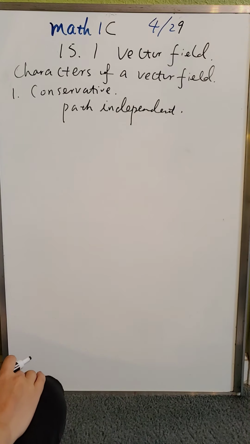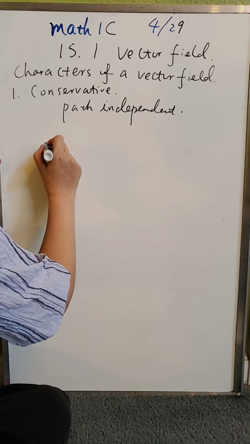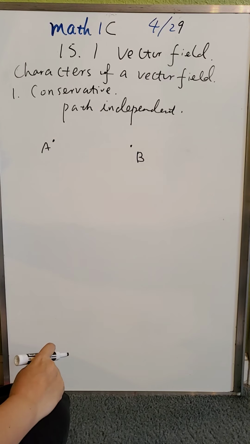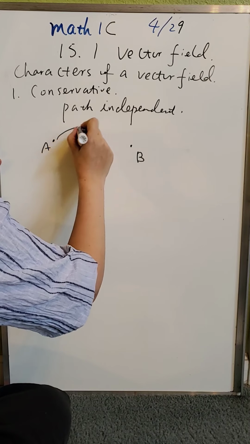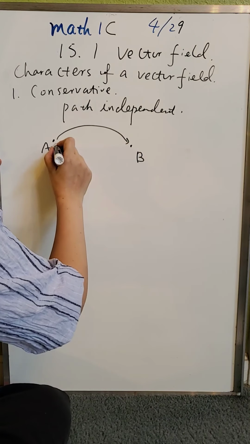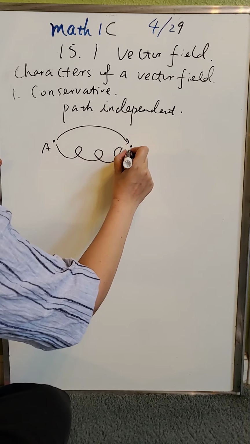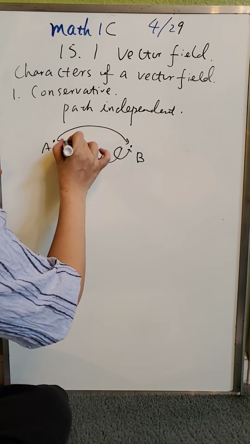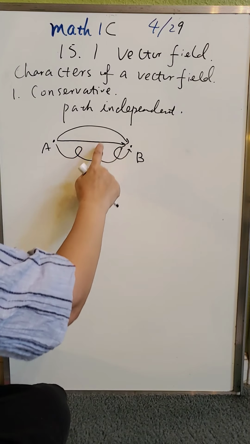What do you mean by path independent? It means that if I want to go from A to B, it doesn't matter how you get there. You can go like this to get there, or you can detour and detour and then finally get there. It doesn't matter how you go, or you go straight. You carry the same amount of work.